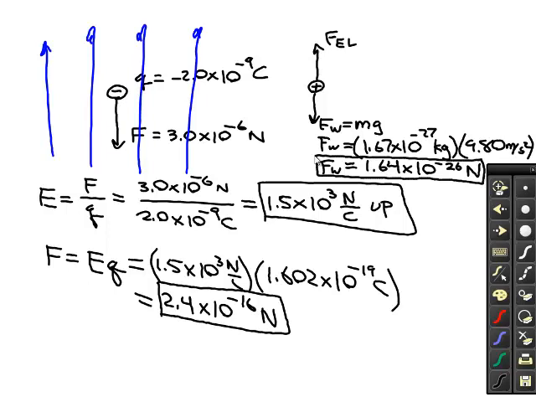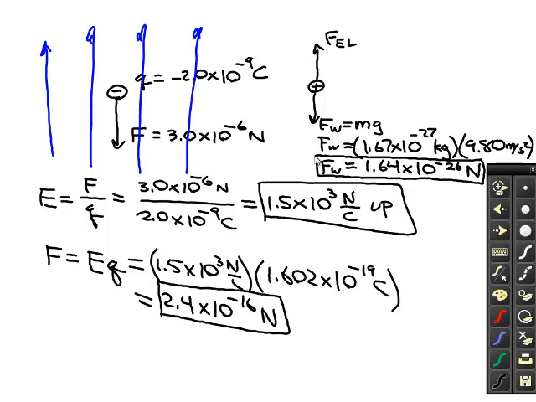All right. Then they want the ratio, right? So what's the ratio of the electric force to the gravitational force? All right, check it out. The electrical force is 10 to the minus 16. The gravitational force is 10 to the minus 26. It's 10 orders of magnitude smaller than the electric force.